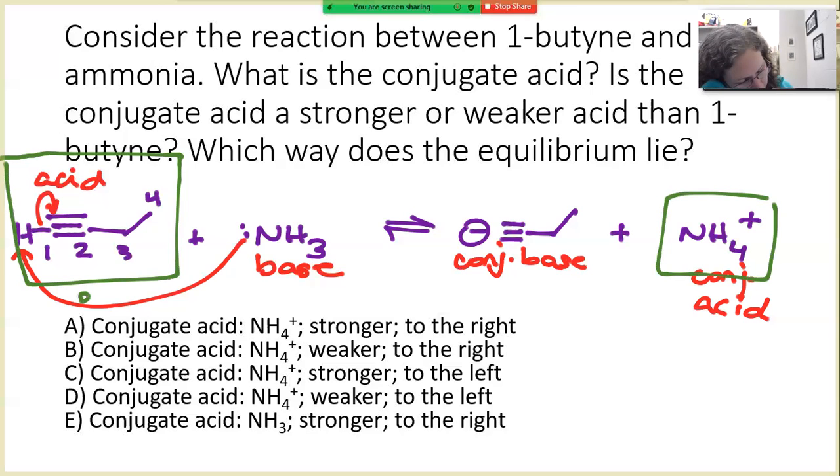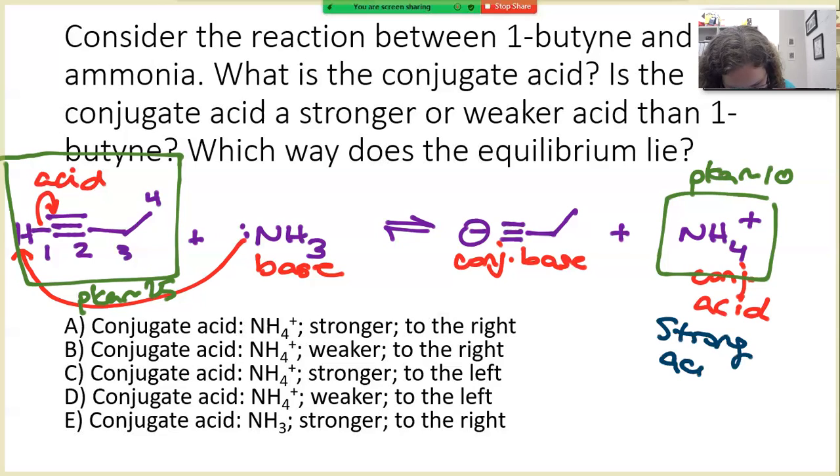Alkynes are typically going to have a pKa around 25. Protonated nitrogen atoms, like the one we have in our conjugate acid, are fairly acidic and will have a pKa around 10-ish. So just by looking at the pKa values, we know which acid is stronger. The stronger acid is going to be the one with the lower pKa. So this is the strong acid, and this is the weak acid.